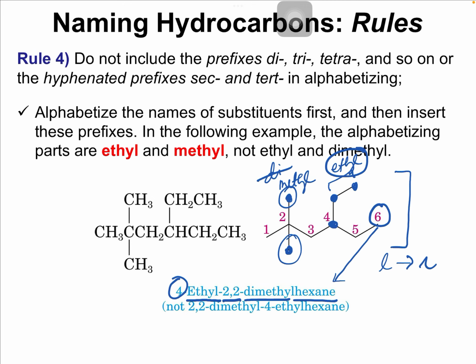So ganun pa din kapag may mga 2 or more numbers, kasi meron kang isang substituent na nauulit ng ilang beses, so you use a comma. So we also use hyphens or dash to separate the number with the name.